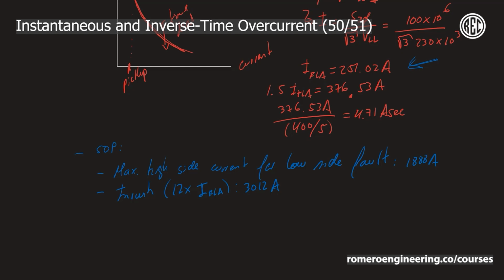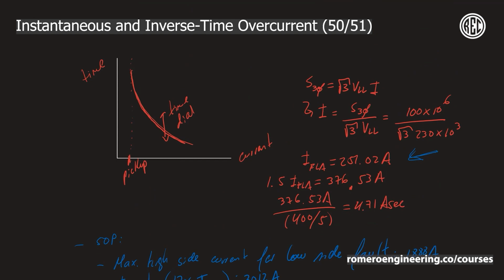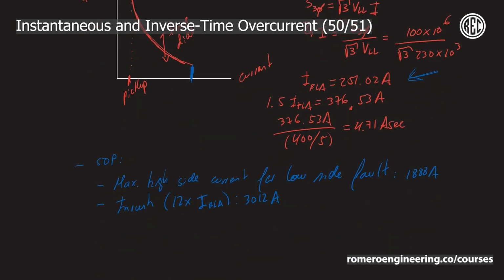And because this is an instantaneous element, we need to make sure that our pickup is above that, because otherwise we will trip instantaneously every time we energize the transformer. So going back to our curve over here, we need to set our instantaneous element somewhere around, let's say, 3200 amps. So somewhere higher than these two numbers. And these, by the way, may vary.